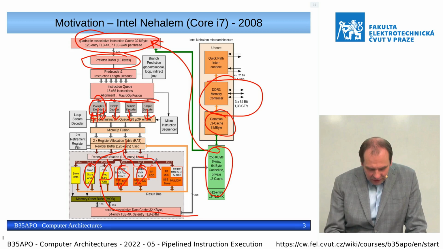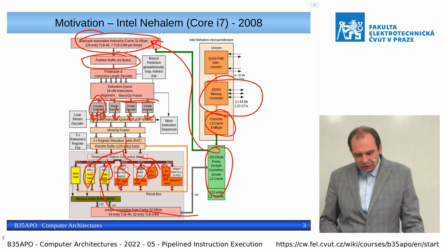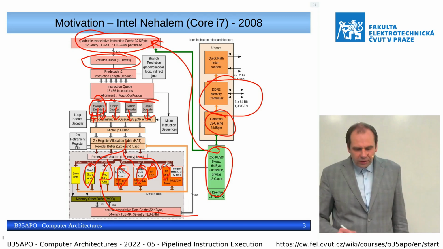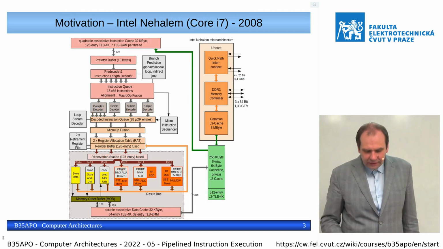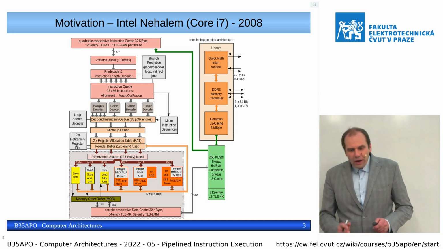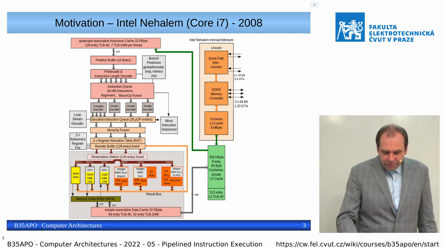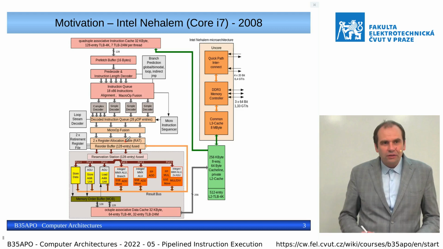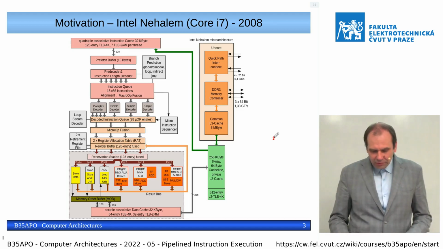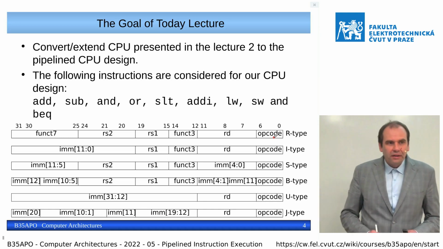This one has an additional FPU, and this one has an additional FPU, floating point unit. So this is the actual architecture, and we show how such a complex processor works in the advanced computer architectures course. Today we focus on a much simpler CPU.